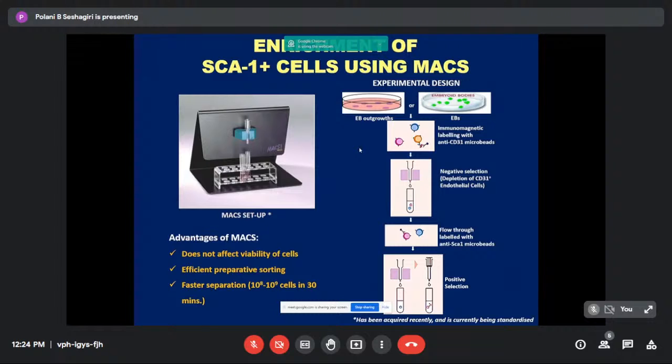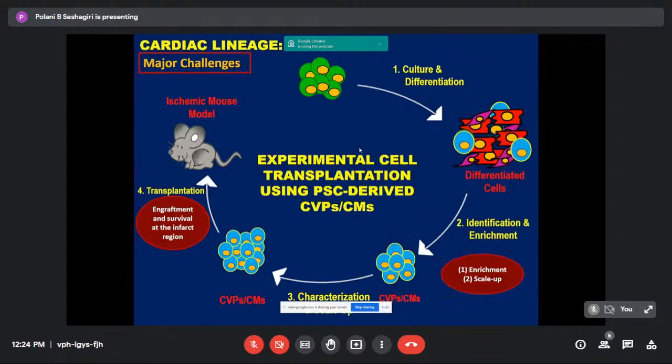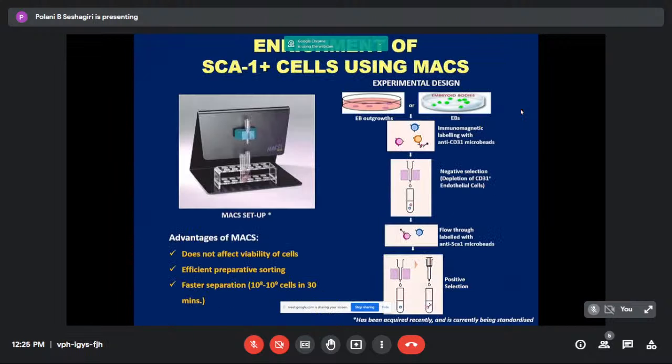One method of enrichment is that some of these cells that I'm showing may have a plasma membrane protein which is very specifically associated, if not exclusively associated, to the cardiac progenitor cell. And if there is a method to enrich those cells, then you can specifically enrich those cells. And that's what is known as magnetic assisted cell sorting. I will not go into the detail.